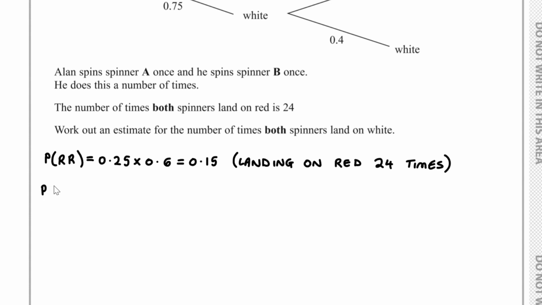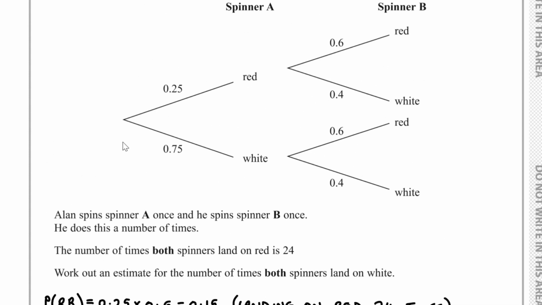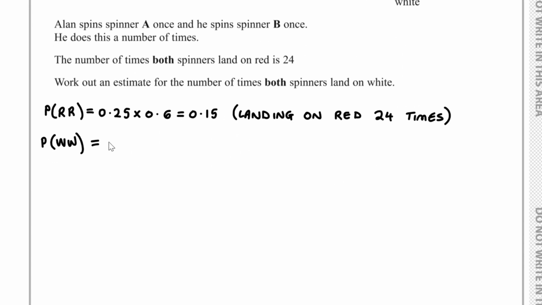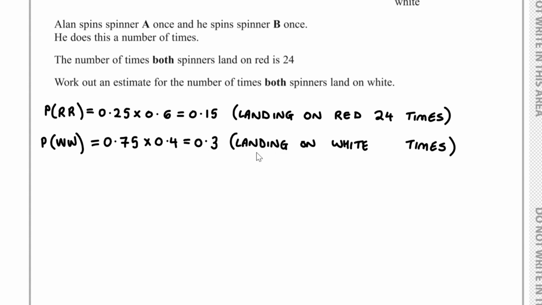So first of all, probability of landing on a white twice, that's equal to 0.75 times by 0.4. So we've got 0.75 times 0.4, which is 0.3. So this 0.3, well, we have to find out how many times we land on a white. So we want to find out what this 0.3 would represent in terms of landing on a white a certain number of times.